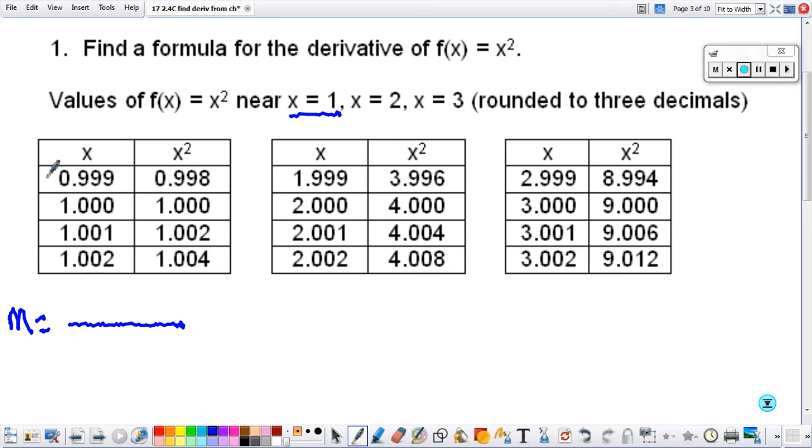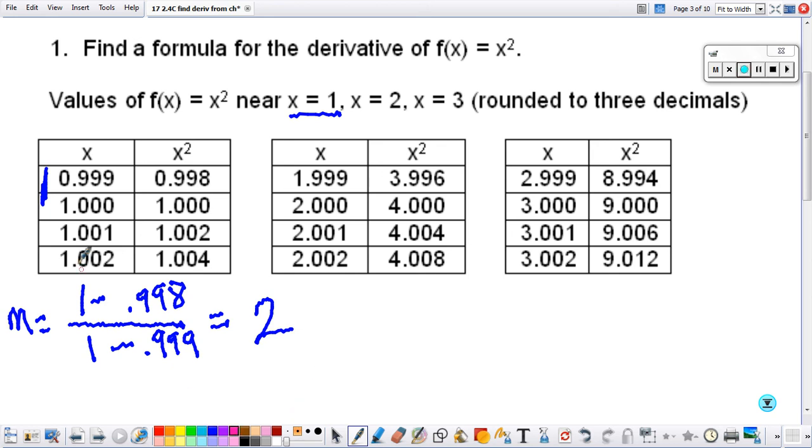Let's do to the left of 1 with these. Remember, it's y minus y, so that's 1 minus 0.998. And the denominator is x minus x. And when you calculate that in your calculator, you should get around 2.